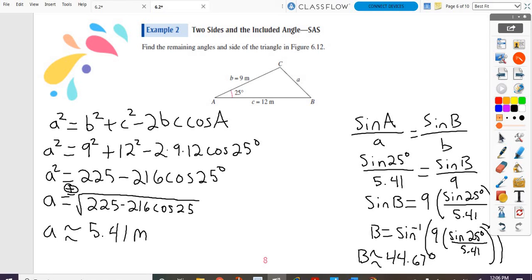So then how would I find big C? 180 minus A minus B. Agreed. And what do we get?